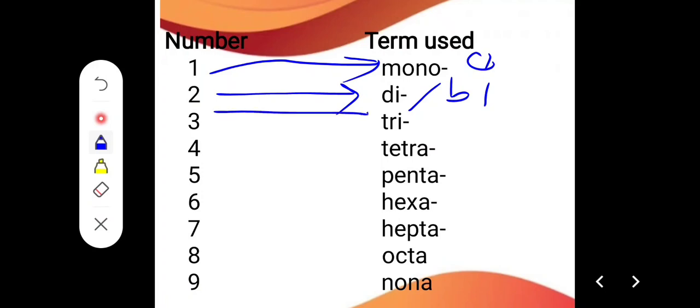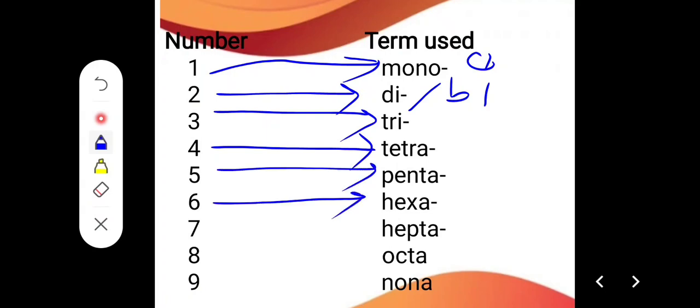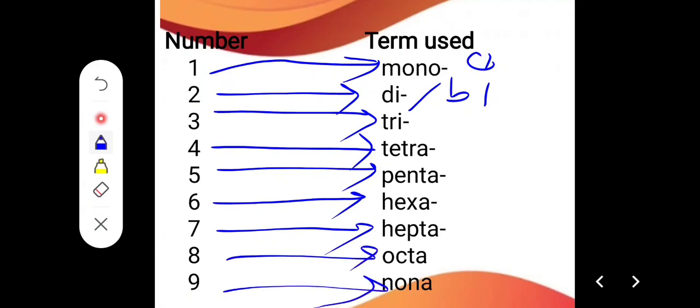For 3 we use tri, 4 tetra, 5 penta, 6 hexa, 7 hepta, 8 octa, and 9 nona. Okay, 1 for mono, 2 for di or bi, both can be used. 3 for tri, 4 for tetra, 5 for penta, 6 for hexa, 7 for hepta, 8 for octa, and 9 for nona. These are most used.